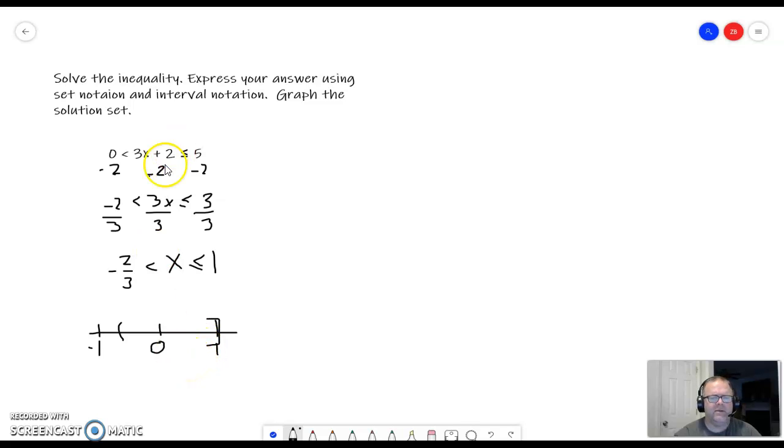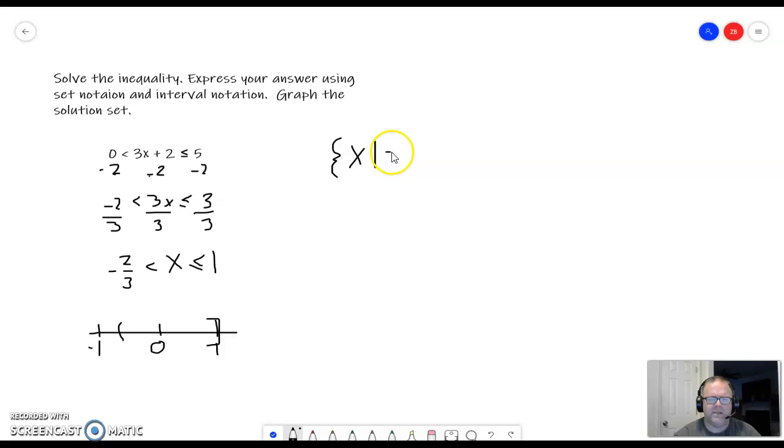So now let's go ahead and put this in set notation. We are going to write it something like this, and I'll show you how to read it as well. You're going to have one of these squiggly brackets, and then we write x and put a straight line down, so it's x such that, and then we write this out right here.